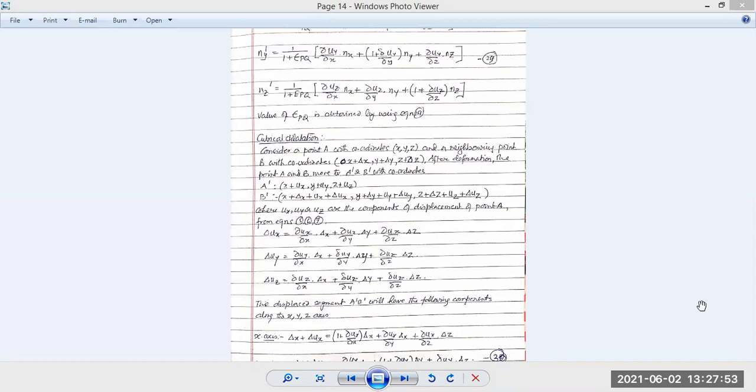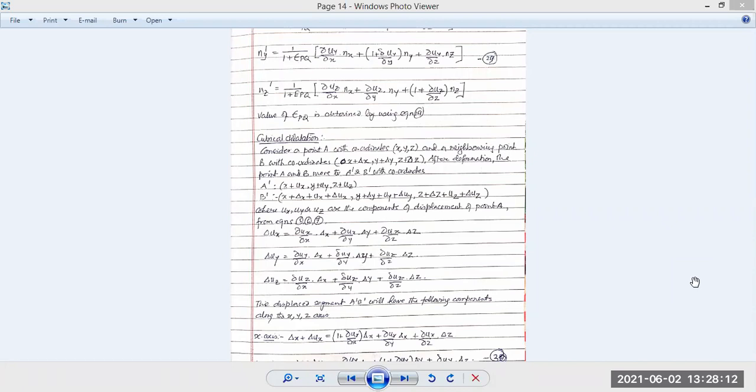Now, let us consider a point A with coordinates given in a rectangular coordinate system as x, y, and z, and a neighboring point B with coordinates x plus delta x, y plus delta y, z plus delta z.